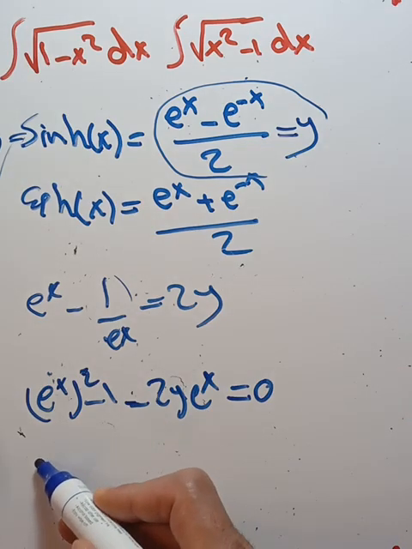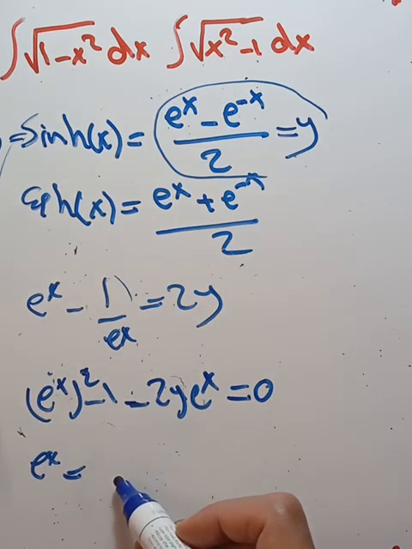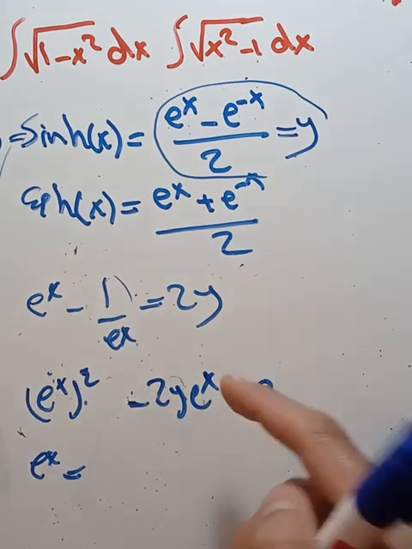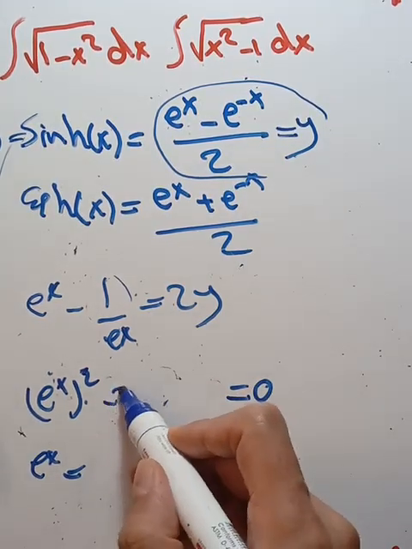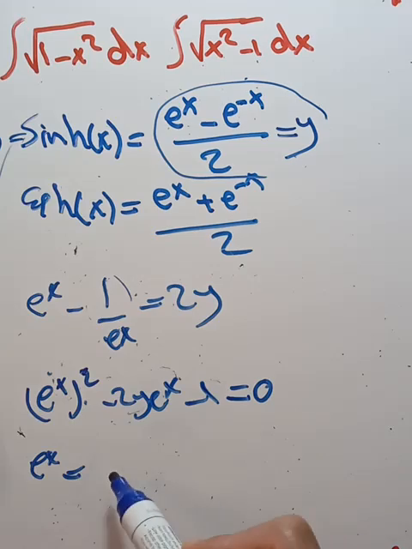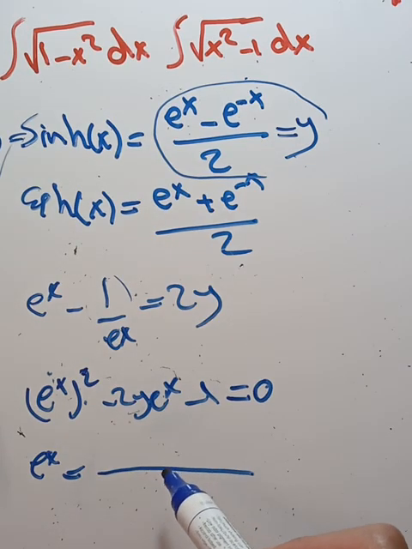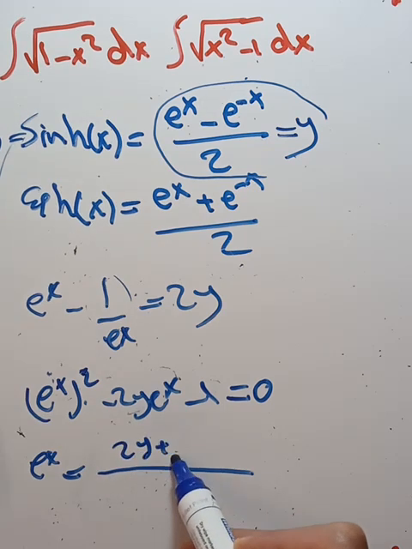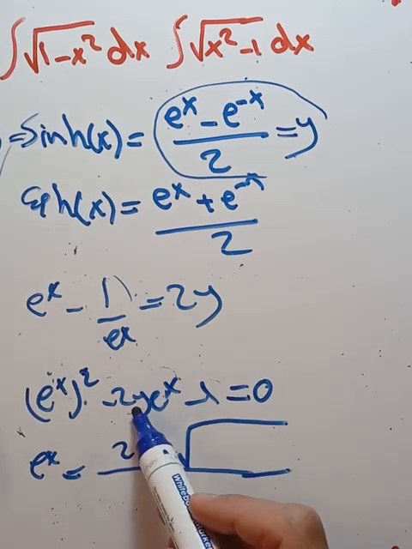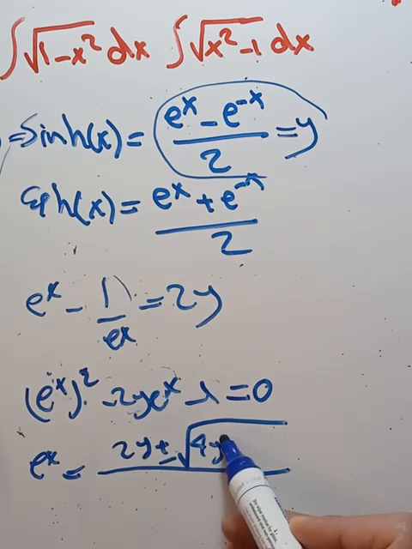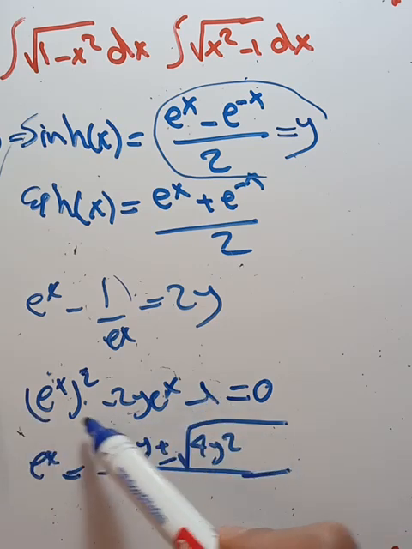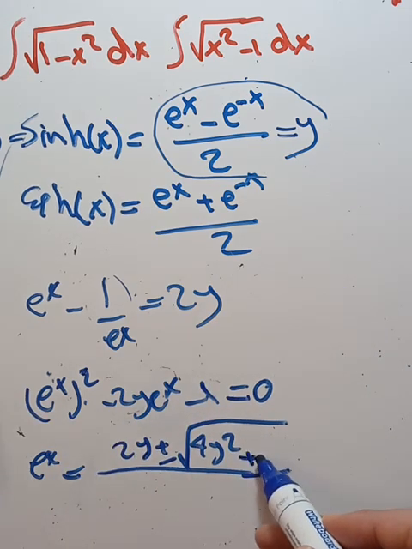And from here, e to the x equals, no, let me write it here: e to the x squared minus 2y e to the x minus 1 equals 0. So e to the x equals minus the coefficient of e to the x, 2y, plus and minus the square root of this squared, which is 4y squared, minus 4 times the coefficients of these two, which is plus 4.